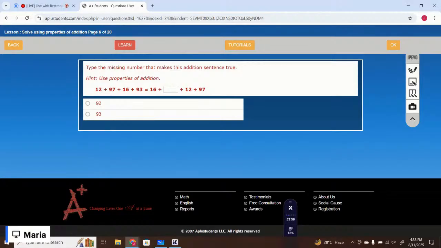Type the missing number that makes the addition sentence true. The missing number is 93.